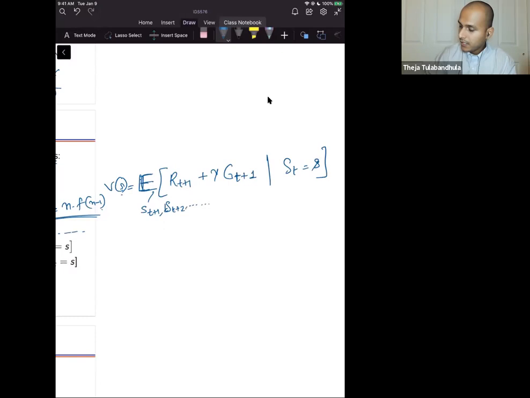Now this expectation, you can write it as the expectation of R_{t+1} given S_t equal to s, because the first R_{t+1} only depends on S_t.